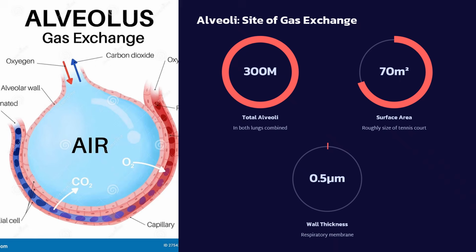So here in the diagram, we have the capillaries. The alveoli are lined with your surfactant. So your surfactant reduces the surface tension and prevents the alveoli from collapsing during your expiration.